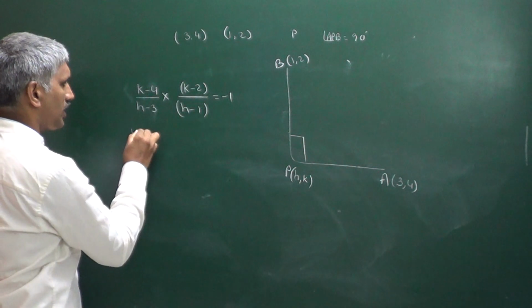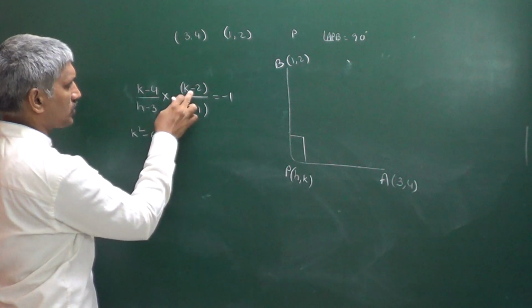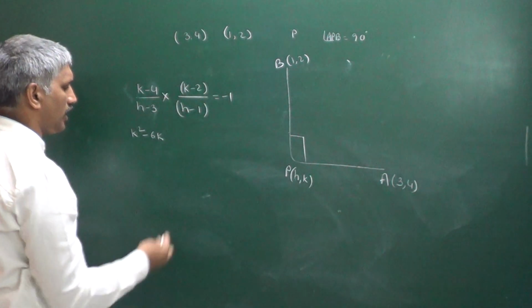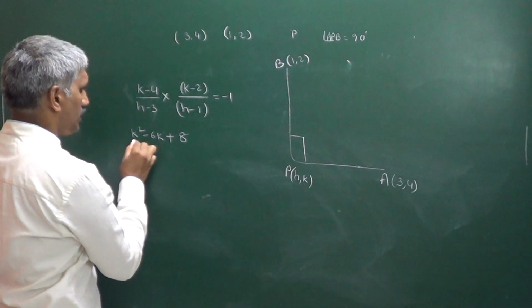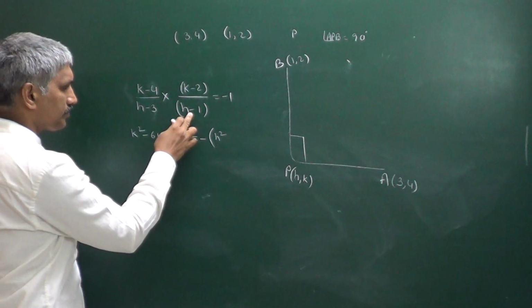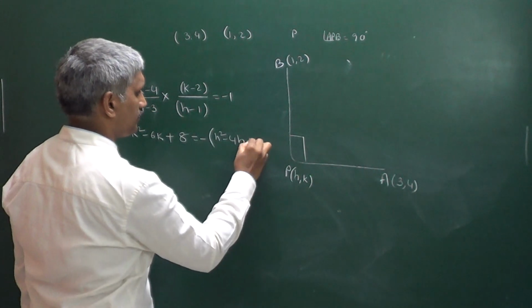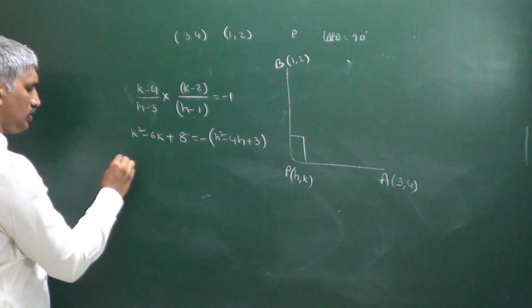Then we will get k square minus 4k minus 2k plus 8 is equal to minus of h square minus 4h plus 3. Now shift all the terms to this side.